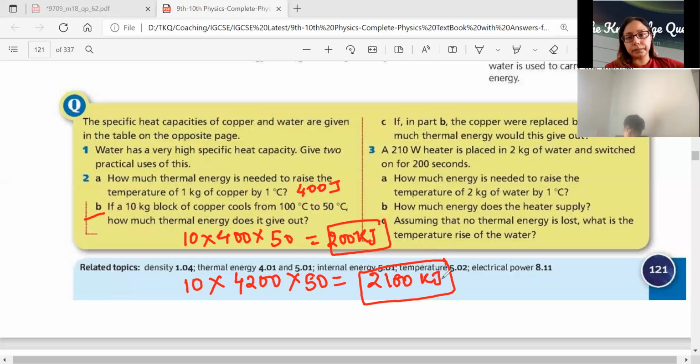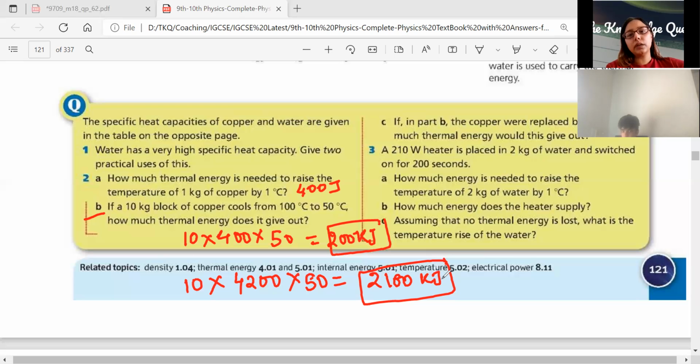What determines specific heat capacity? Like why is it different for everything? Is it density? It's also the structure, not just density, it's also the structure in which it is made.